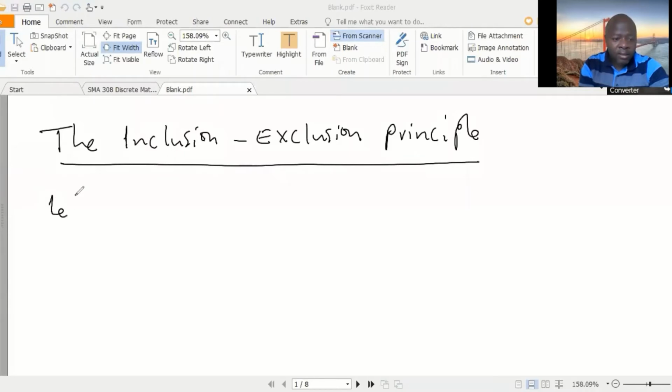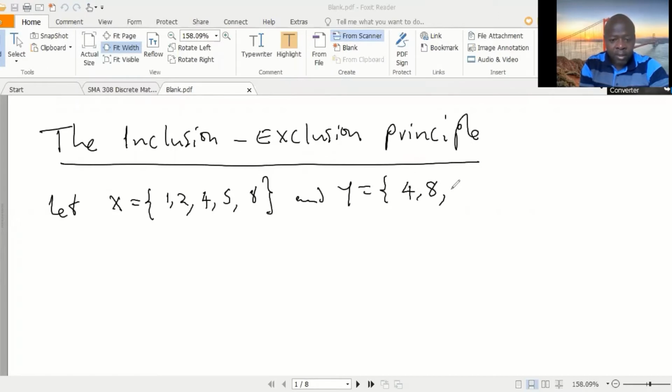So let X be the set comprising of 1, 2, 4, 5, 8, and Y be the set comprising of the elements 4, 8, 10, 12.